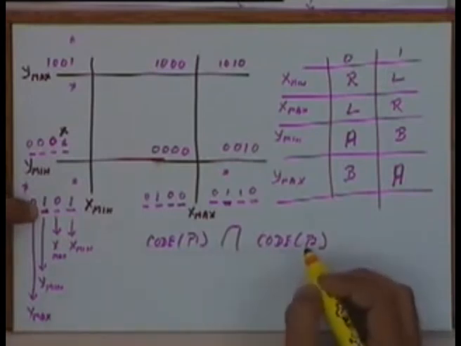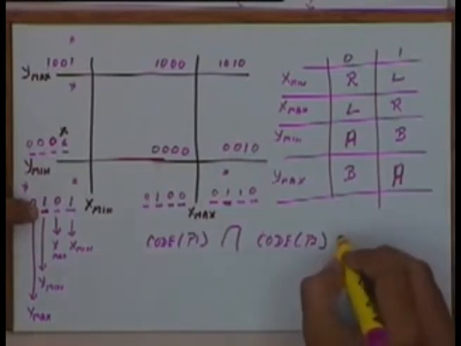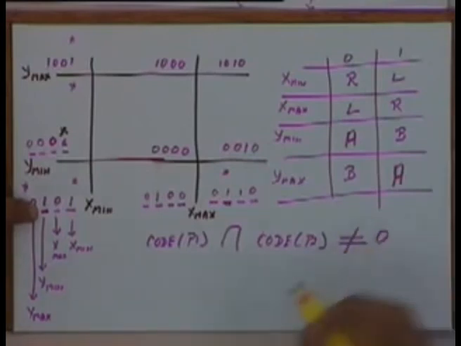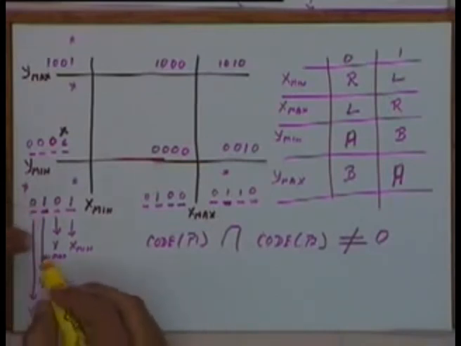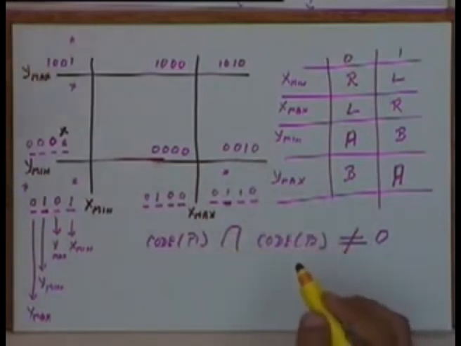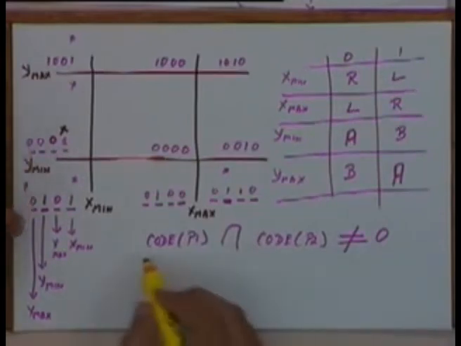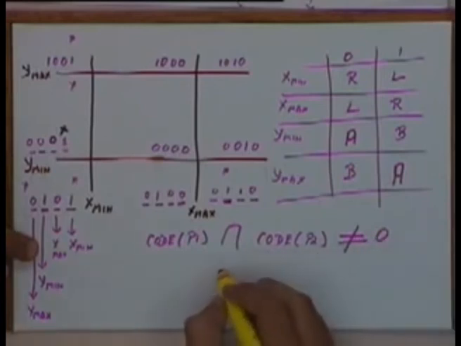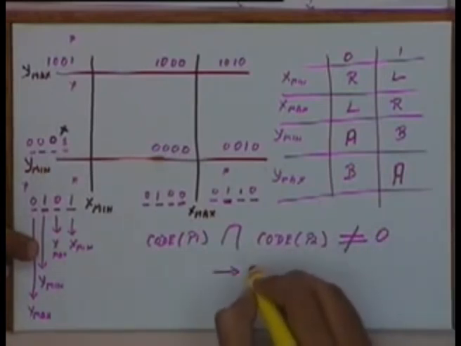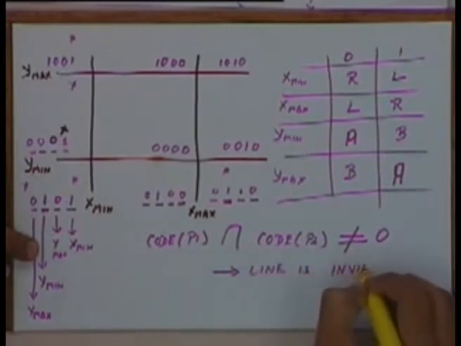If the intersection of these codes has a 1 at any location, or the intersection of these codes is not equal to 0, in that case, the line segment will be totally out of the window. Is that okay? So if the code for point 1 intersection the code for point 2 is not equal to 0, that means the line is invisible, completely invisible.